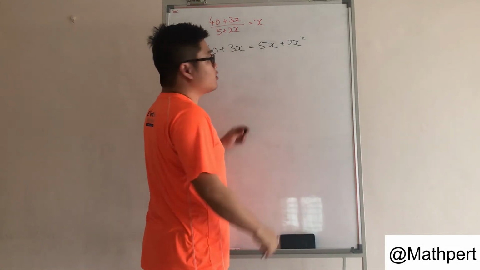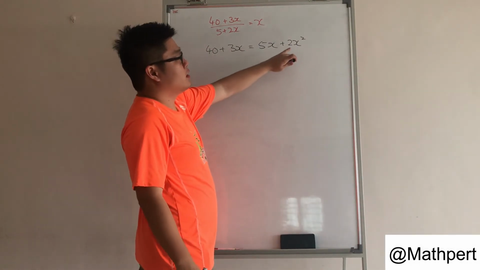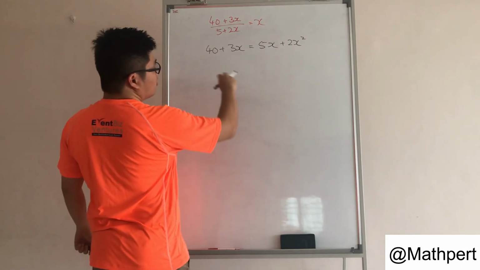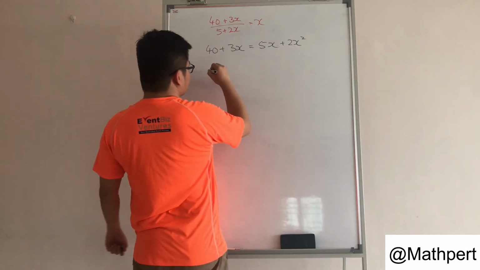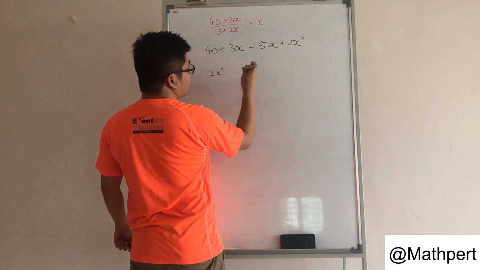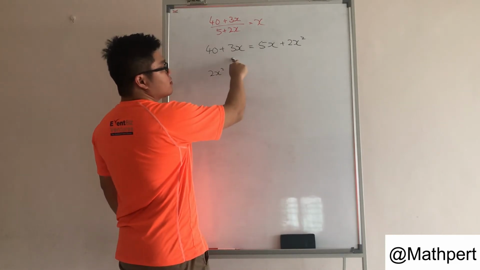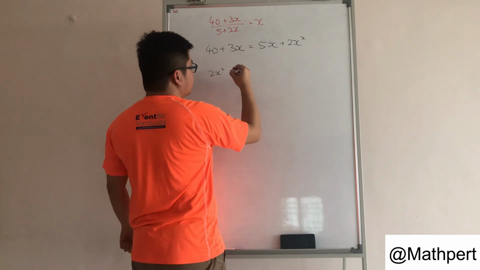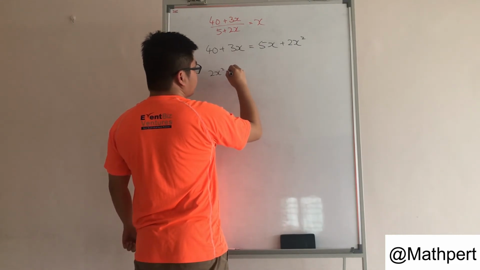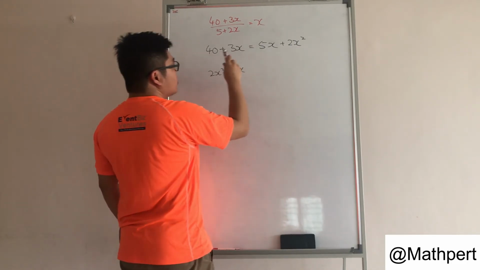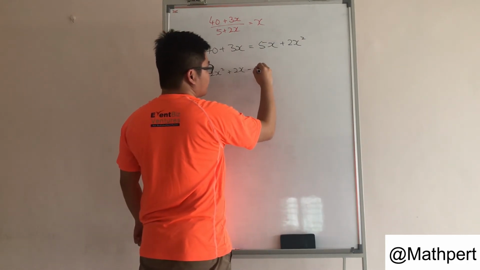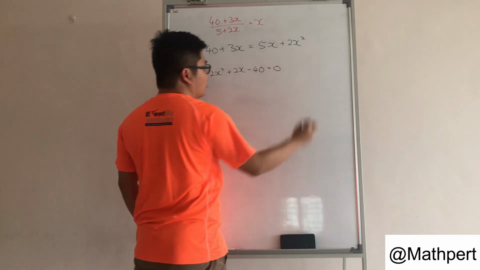The reason why I want to move everything to the right hand side because I want this 2x squared stay positive. So we get 2x squared, 5x, 3x, move it over here, become negative 3x. 5 minus 3 is 2x, positive 2x. So 40, move it over here, become negative 40 equals to 0.